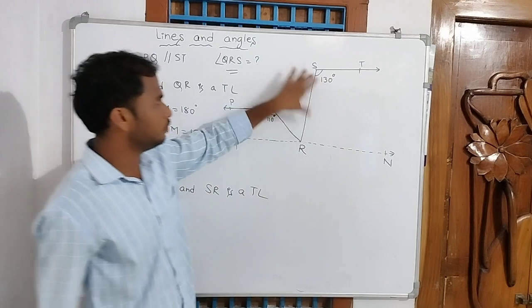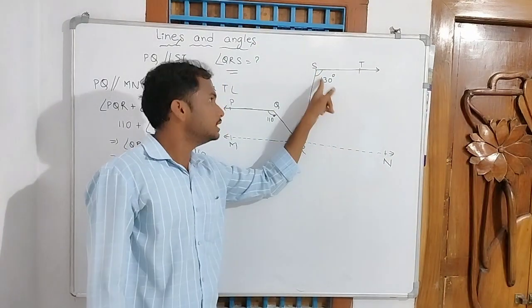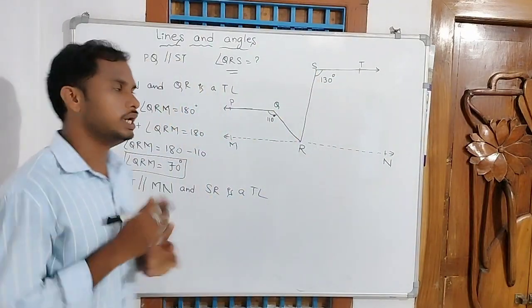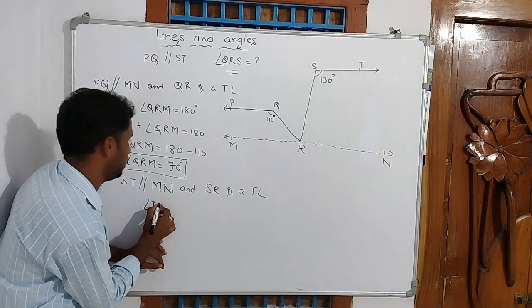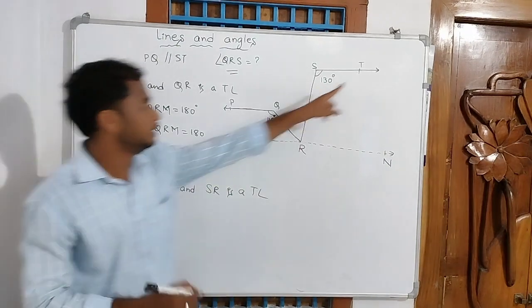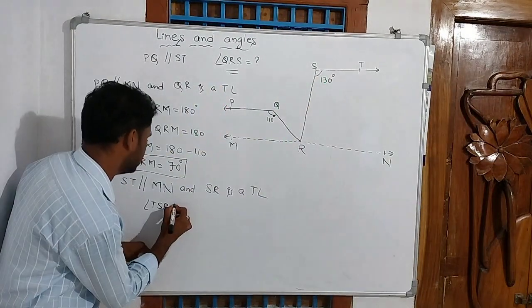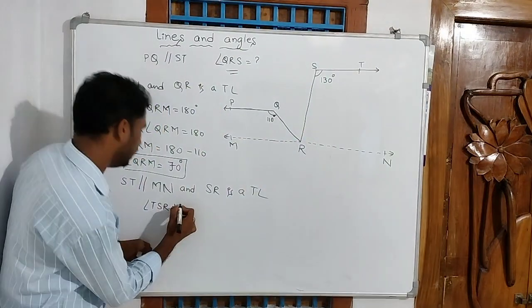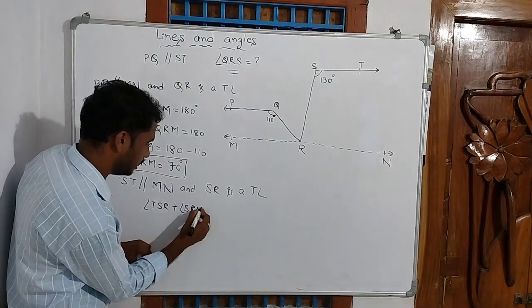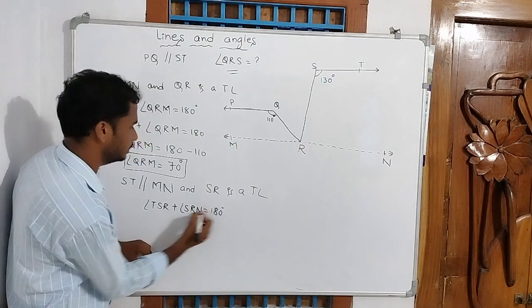If two lines are parallel, the sum of co-interior angles is 180 degrees. That's why angle TSR plus angle SRN is equal to 180 degrees.